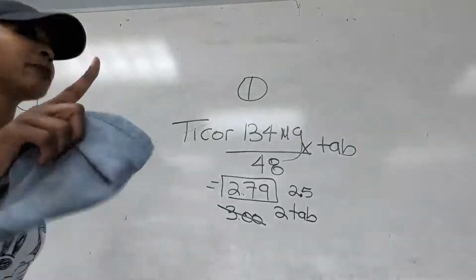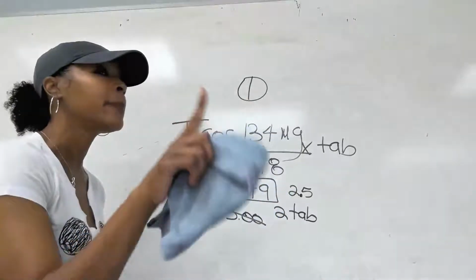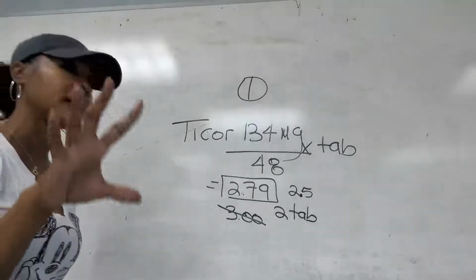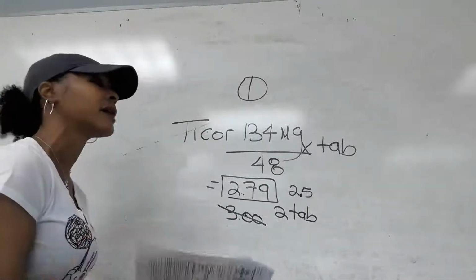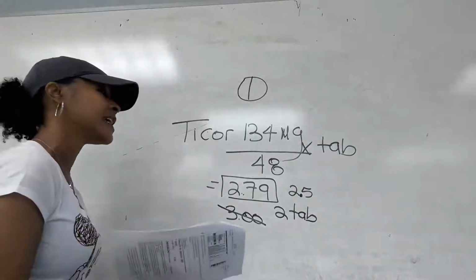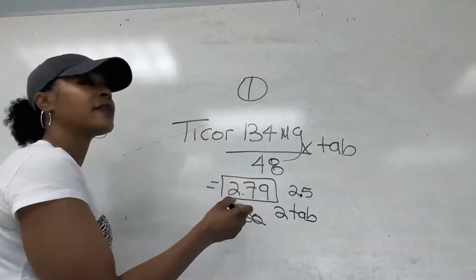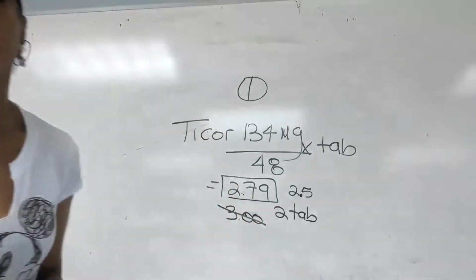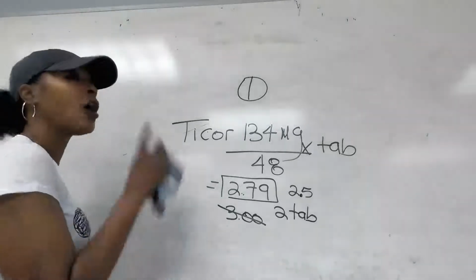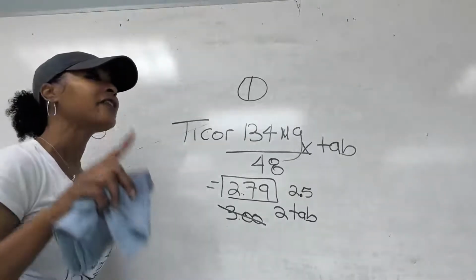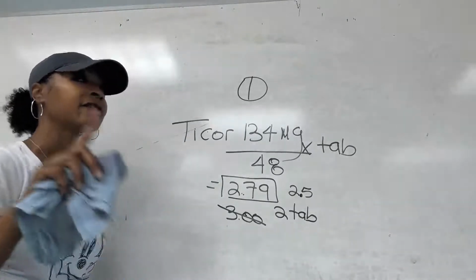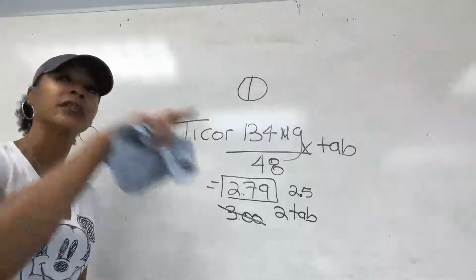The answer in your book says 2, but after reading those handouts about rules for rounding tabs, it says that you would give 2.5 of a tab, only if it's scored. If the tablet is enteric coated, then you would have to give 2.